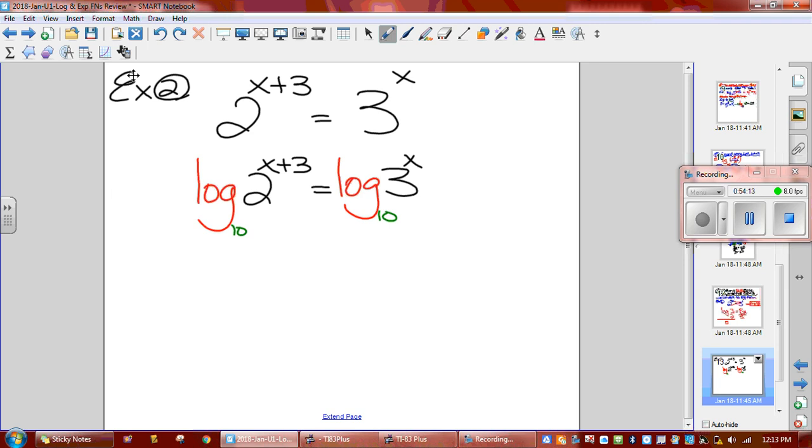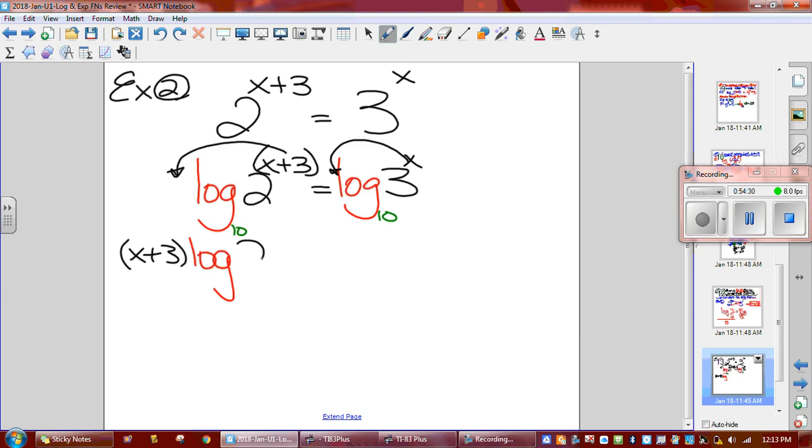Now the rule is, if you've got a combined exponent, we put it in brackets and it goes and sits out in front of the word log. So we move our exponents down in front, and we're going to have x plus 3 log 2 equals x log 3.